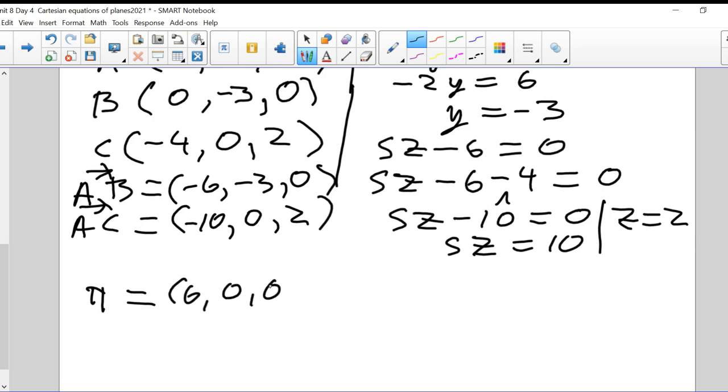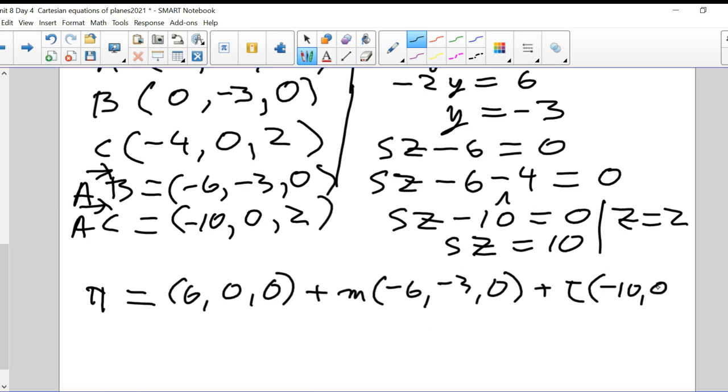So (6, 0, 0) plus m times one direction vector (minus 6, minus 3, 0) plus t times (minus 10, 0, 2). Okay, so now I've been able to put together a vector equation based on the original Cartesian equation.